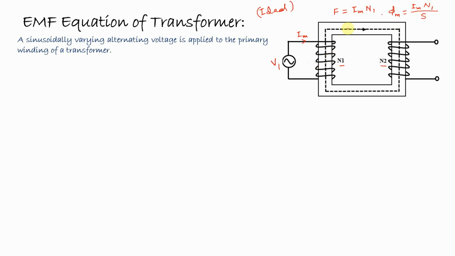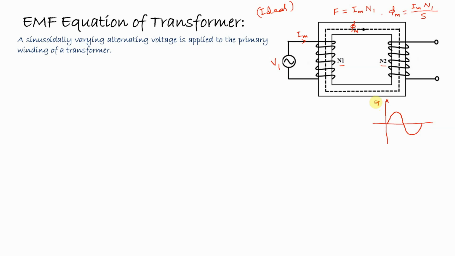And this mutual flux will flow through the high permeability core material, because the flux always follows the high permeability path. Now remember one thing here, we consider the current as AC because here we have applied the AC voltage. So the current will also be AC in nature.